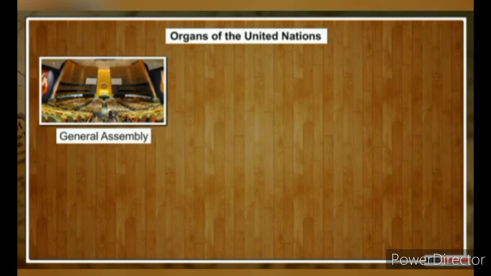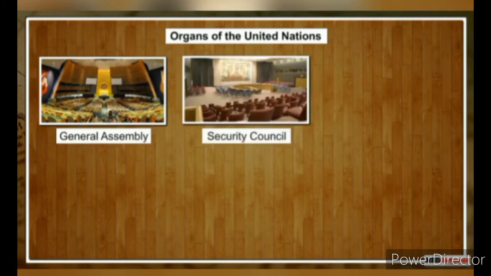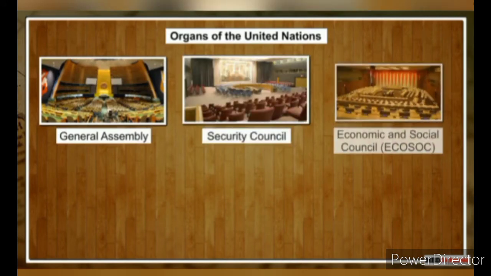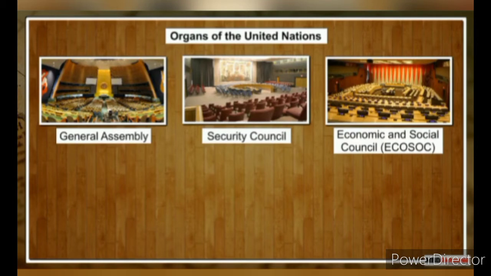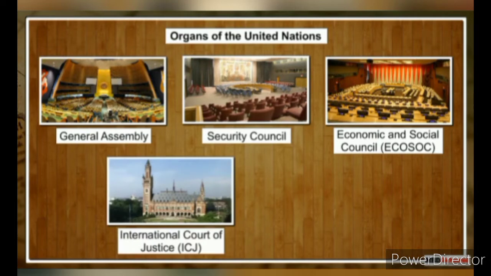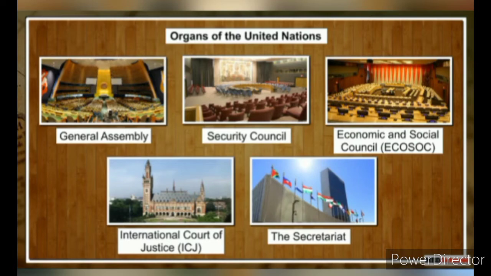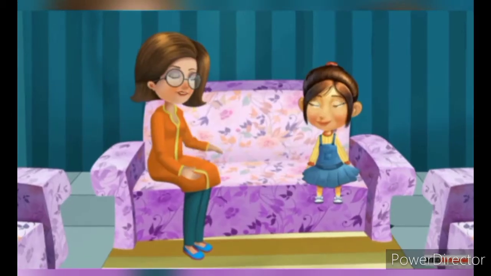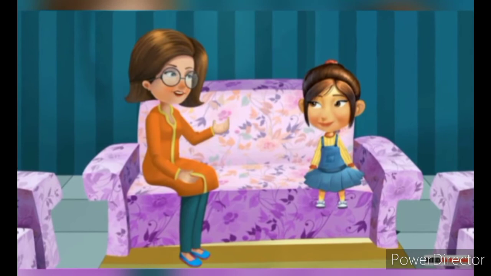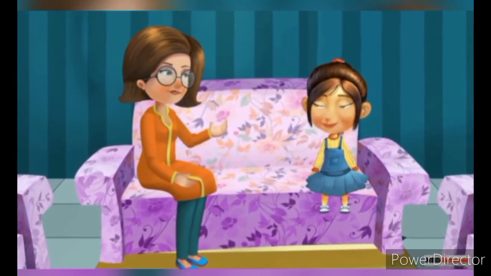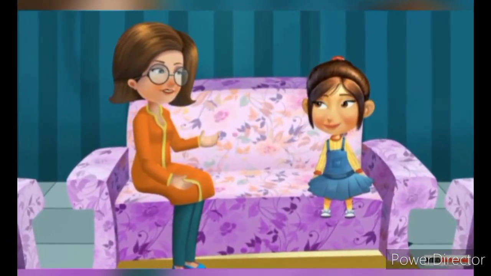These are General Assembly, Security Council, Economic and Social Council, ECOSOC, International Court of Justice, ICJ, the Secretariat. Let me explain to you about these 5 organs of the United Nations one by one.